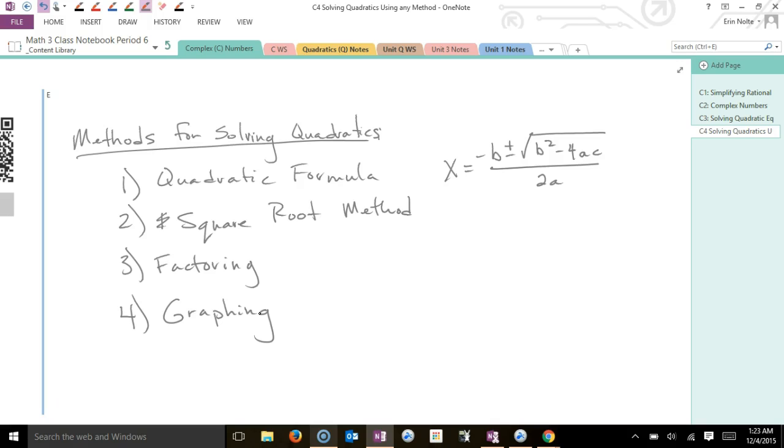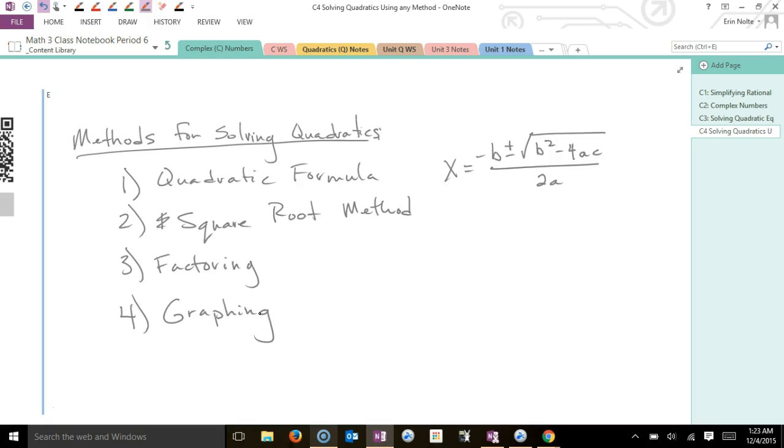Okay, what about graphing? Can you always solve by graphing? If you were going to type in a quadratic into the calculator, is it always going to draw a parabola for you? Yeah, it's always going to draw a parabola, but remember that solving by graphing, what you're looking for is where the function crosses the x-axis.